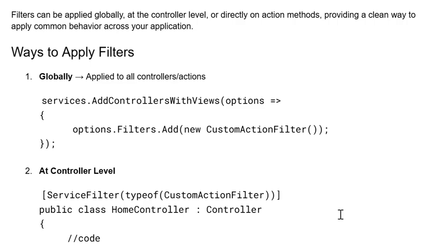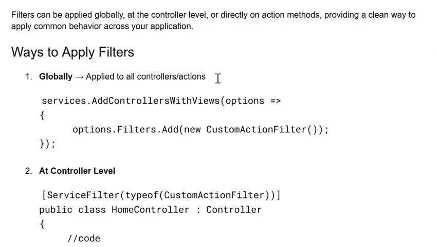Filters can be applied globally, at the controller level, or directly on action methods, providing a clean way to apply common behavior across your application. See the ways to apply filters here.